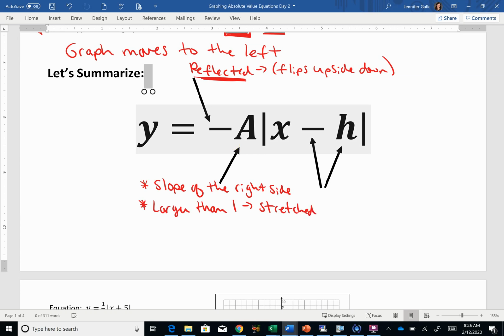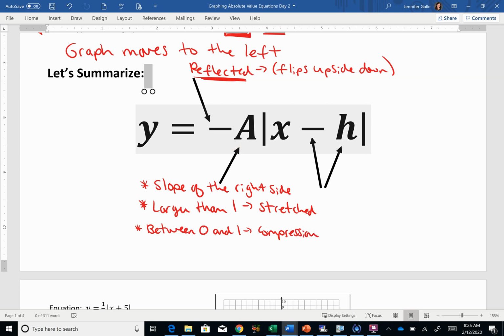It got skinnier, more narrow. If you want to make that little note, you can. If that A value is between 0 and 1, we compressed.